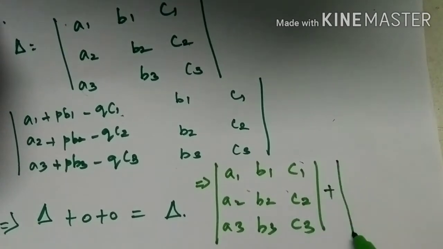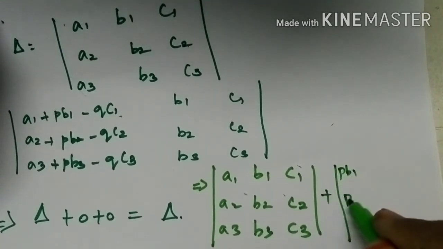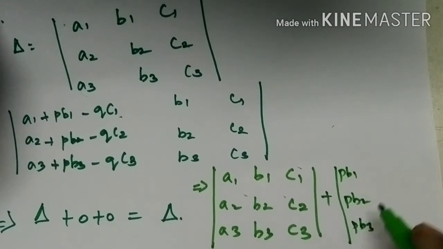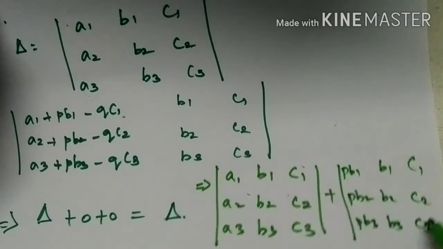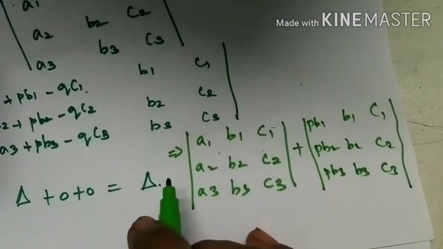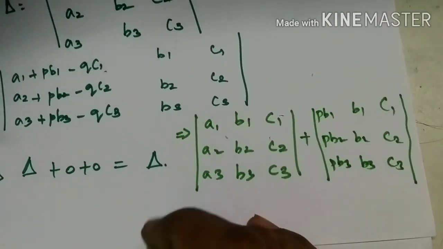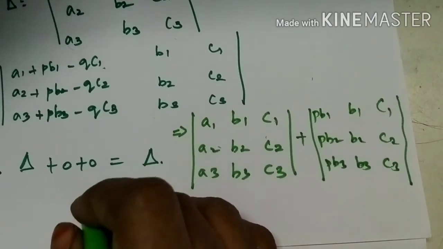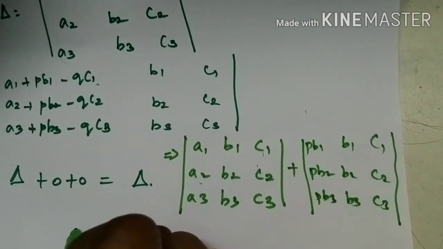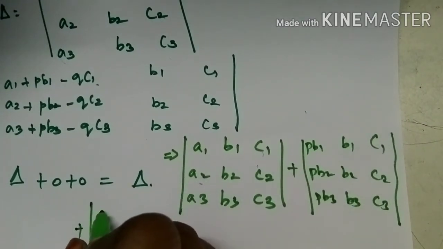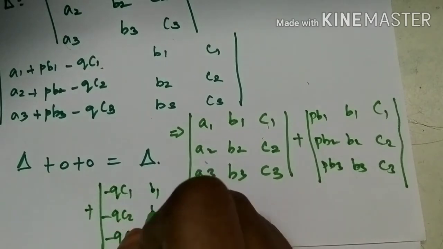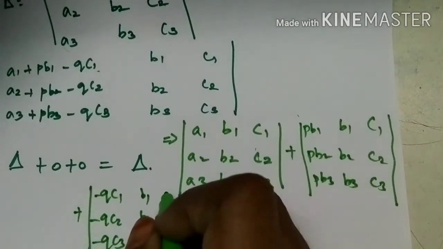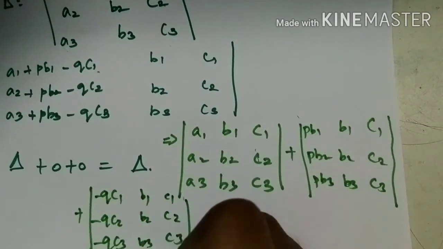The second determinant would be PB1, PB2, PB3, B1, B2, B3, C1, C2, C3. And the last determinant would be minus QC1, minus QC2, minus QC3, B1, B2, B3, C1, C2, C3.